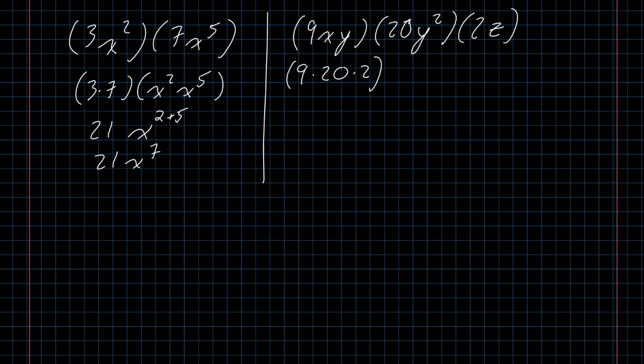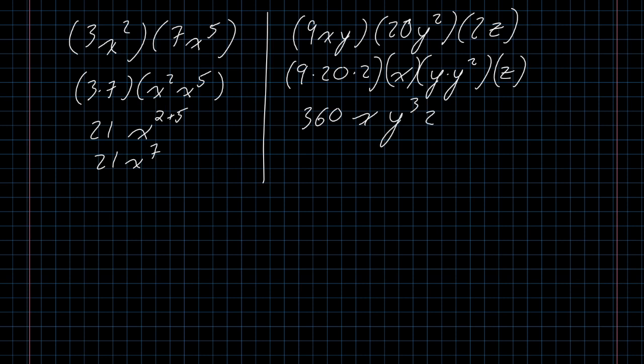We have our lone x term. We have y times y squared. And we have our lone z term. 9 times 20 times 2 is 360. Then we have x. We have y times y squared, which is y cubed. And we have z. All right, nothing too crazy going on there.